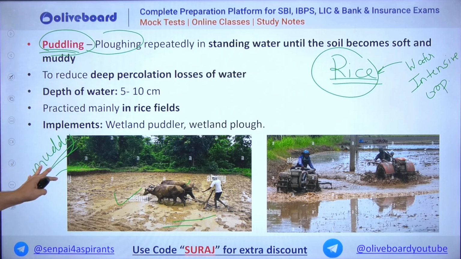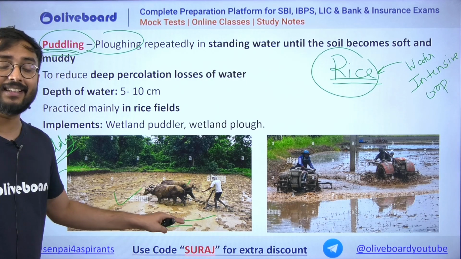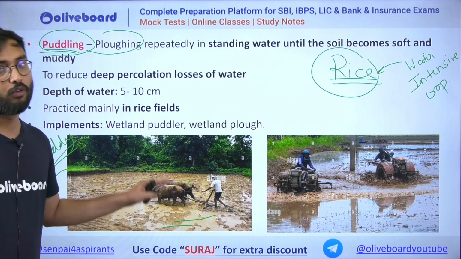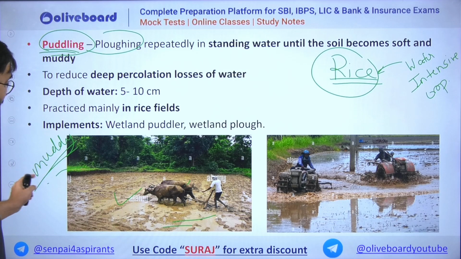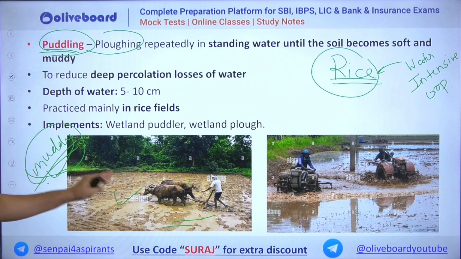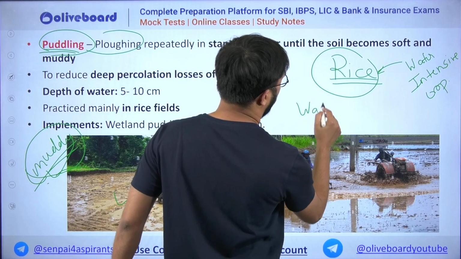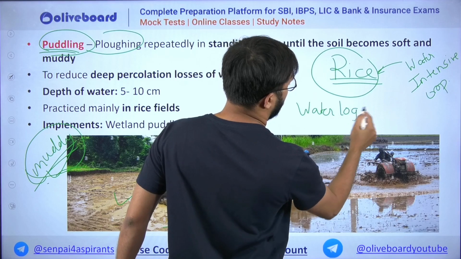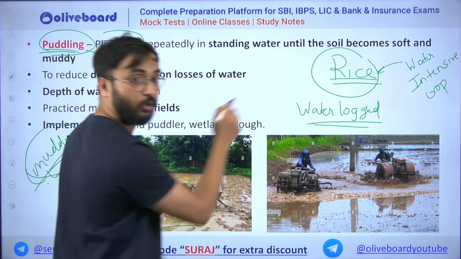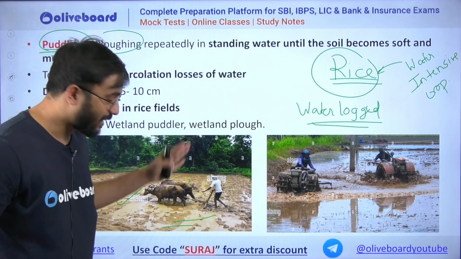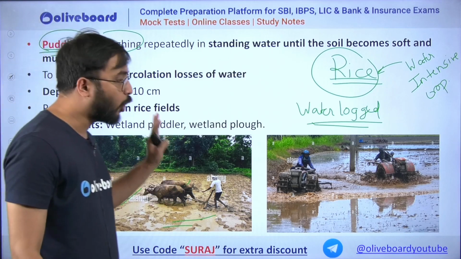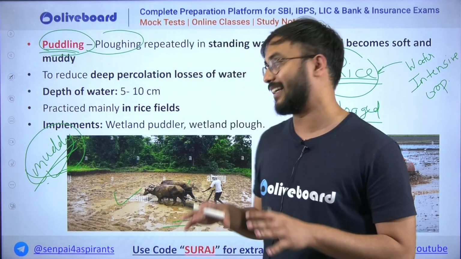This muddy condition is nothing but whatever soil is there, it is in semi-solid format. Okay. So this creation of a muddy state is nothing but waterlogged condition for your rice cultivation. Okay. So waterlogged conditions are more suitable for cultivation of rice.